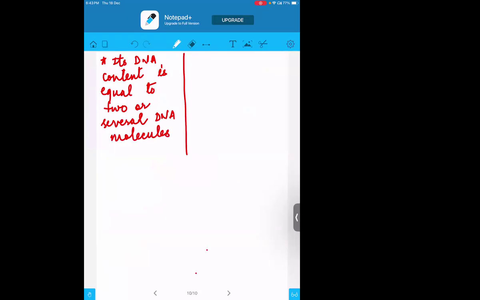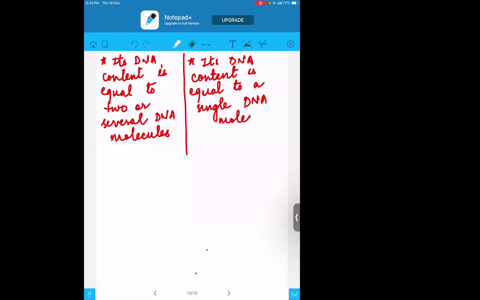The functioning is so fast because of this nucleus only. Whereas in the nucleoid, the DNA content will be equal to a single DNA molecule. Here, single DNA molecule means a kind of single chromosome functioning.